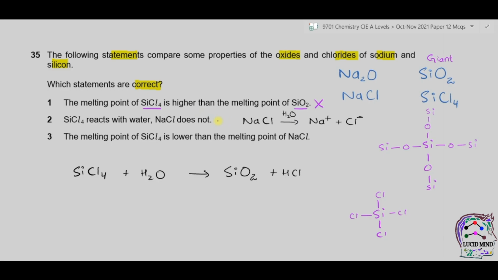So therefore statement 2 is correct. Option 3, the melting point of SiCl4 is lower than the melting point of NaCl. This is true because in NaCl we have ionic bonding and the melting point is quite high. While in SiCl4 we have simple molecular structure. As option 2 and 3 are correct, answer is therefore C.